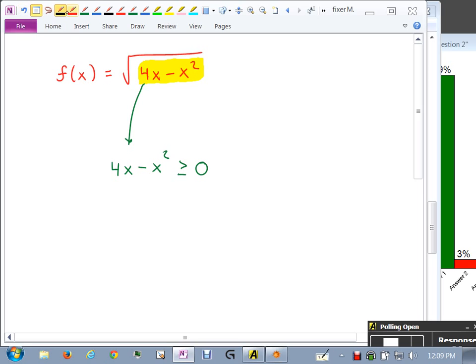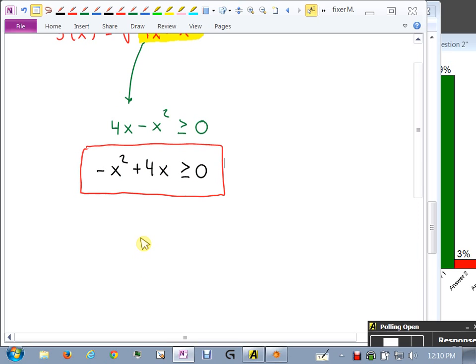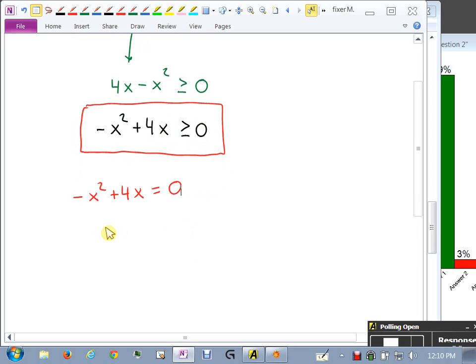So let's go ahead and do this one. Let me write it in descending order first. That's the thing I'm interested in. I'm going to write it as an equation now. Then what can I do with this equation to solve it?